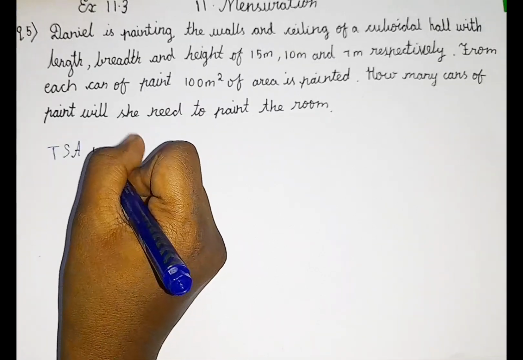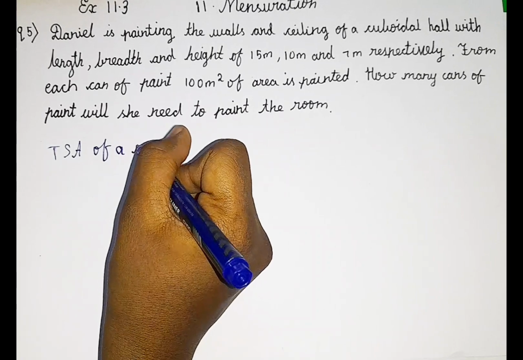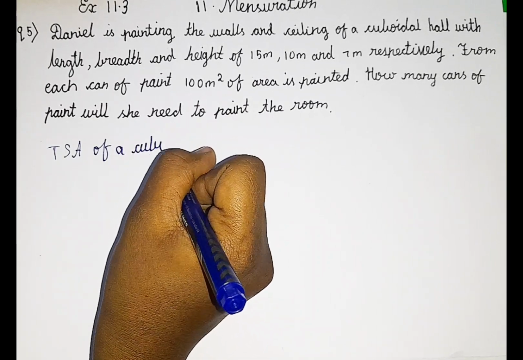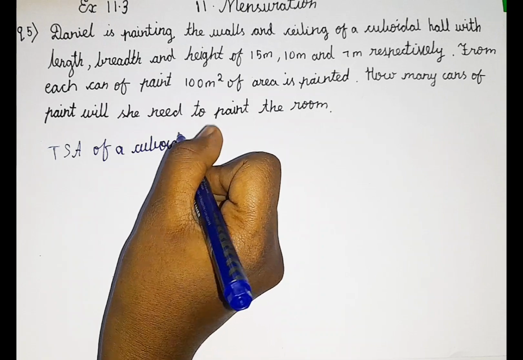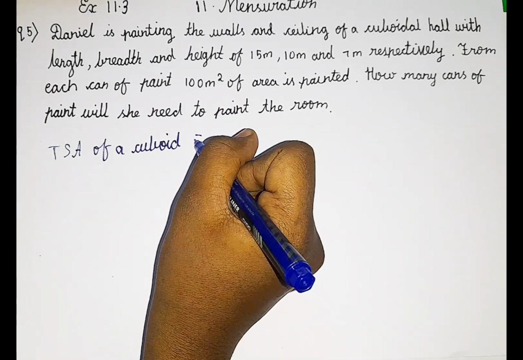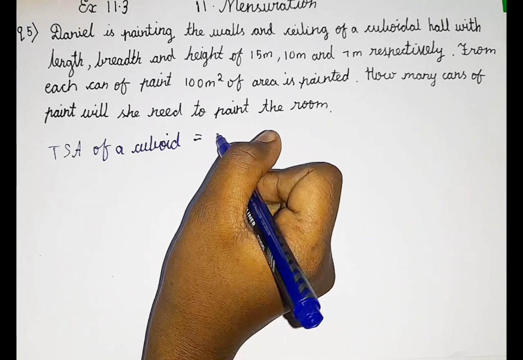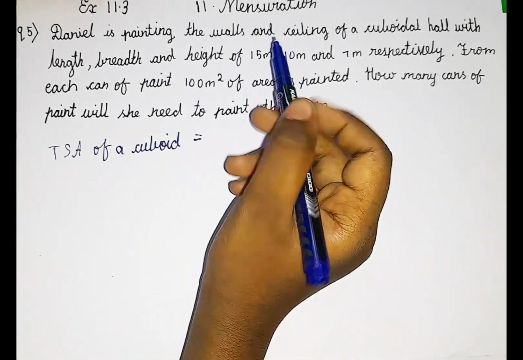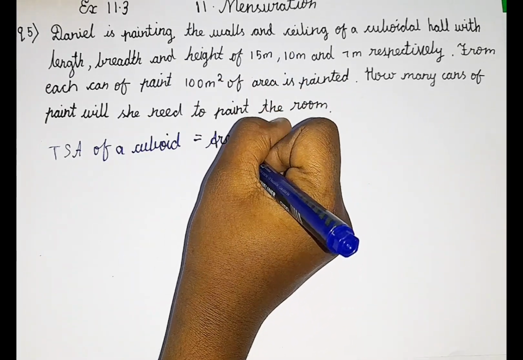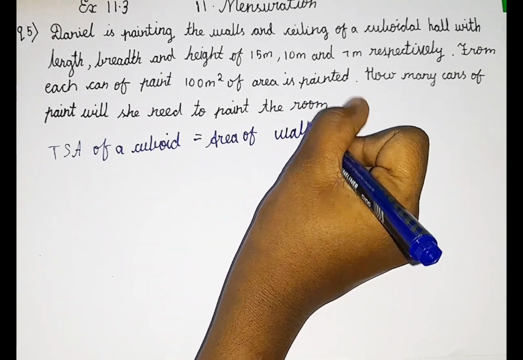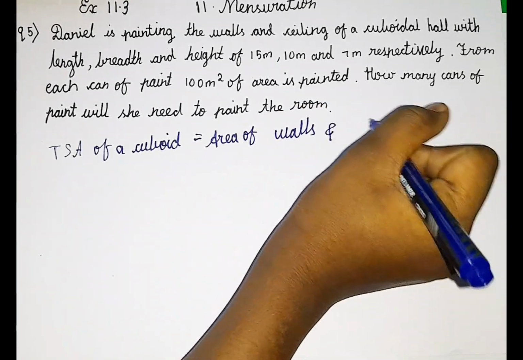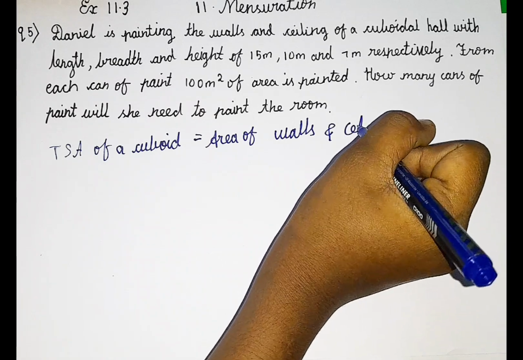TSA of a cuboid, am I right? Because here they have mentioned, wait, let me write it. TSA of cuboid minus the ceiling is equal to the area of walls and ceiling.